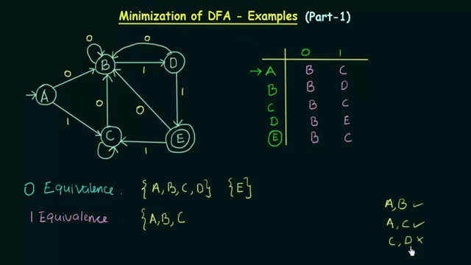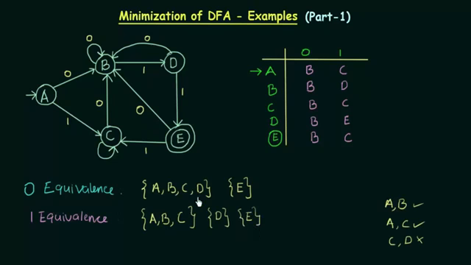So D is not one equivalent to C. If it is not one equivalent to C, it will not be equivalent to B nor to A. Right? So I have to close this and make a separate set for D now. Okay, and E I write as it was before.